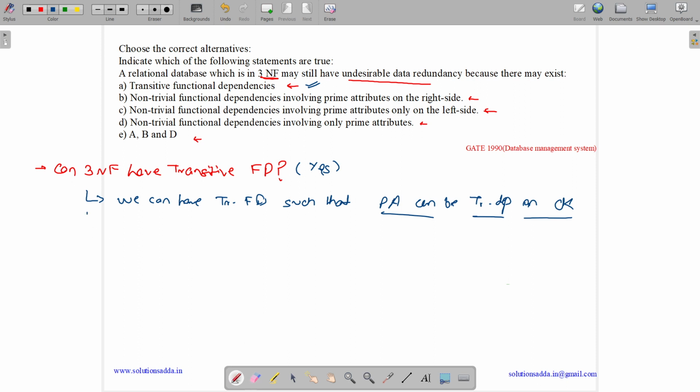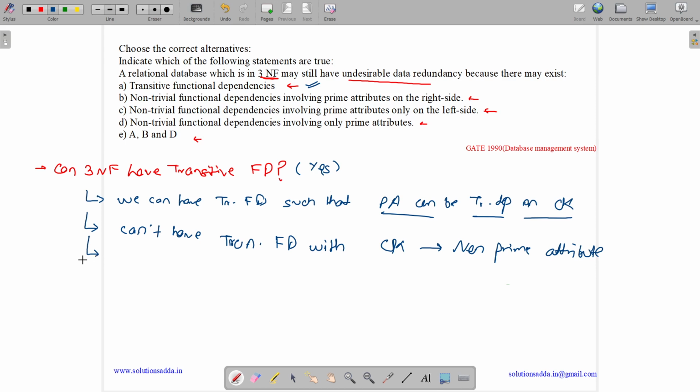Now let me write the next point. We can't have a transitive functional dependency with a candidate key determining a non-prime attribute. Okay, this is a very important thing.